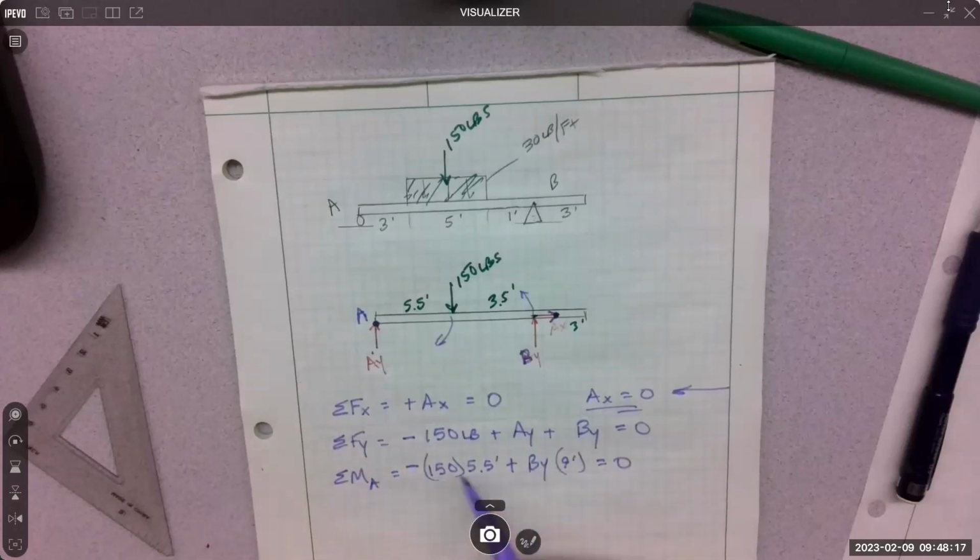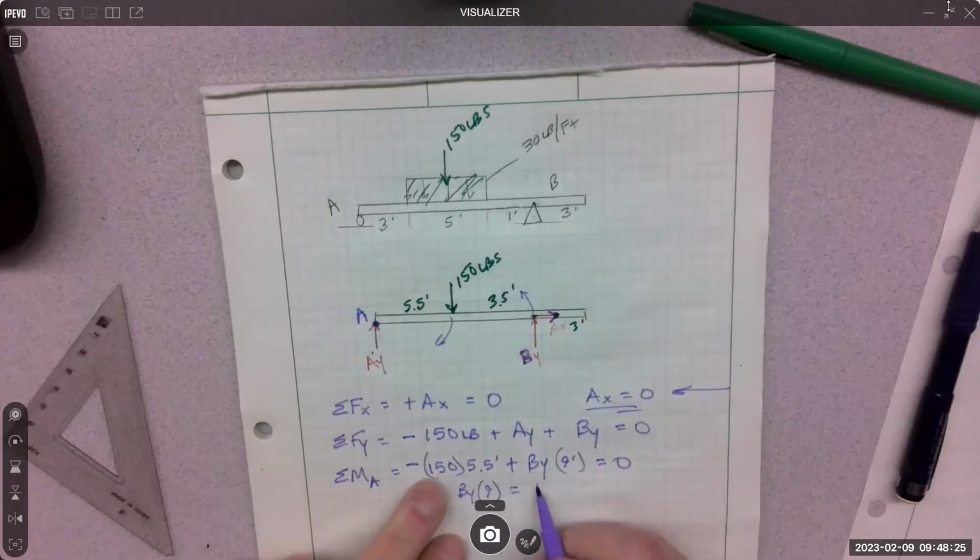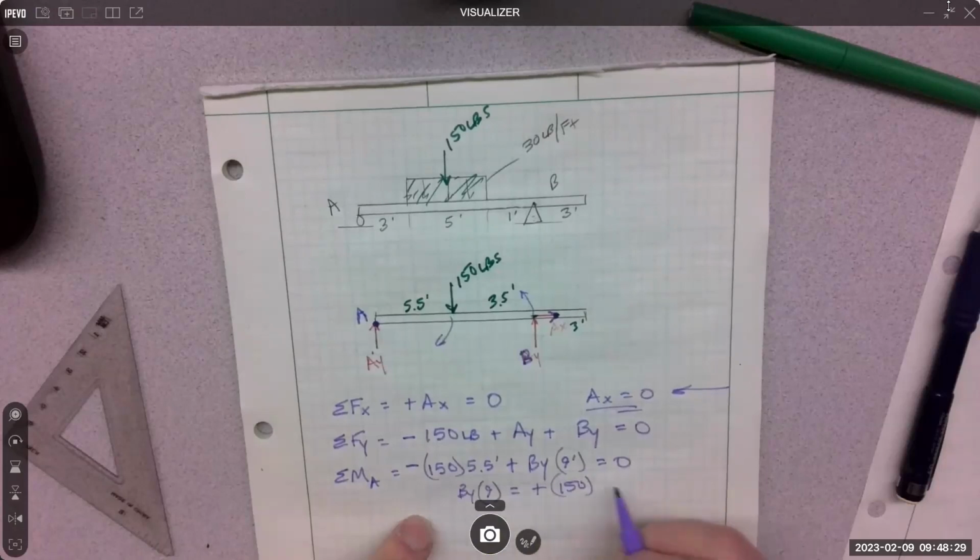How do I solve it? I got to isolate it, which means move this to the other side. So it's going to turn into BY. I'll show you the long form algebra. Now it's plus because I moved it to the other side, 150 times 5.5, right?